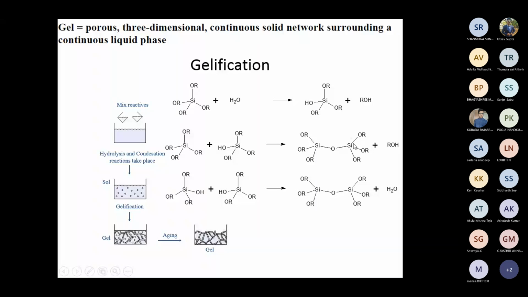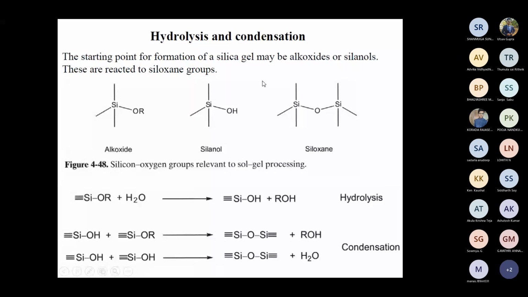You can see that two molecules are connecting, and again SiOH with SiOH will connect. Like this, when several molecules connect, gel formation will occur. So this is the hydrolysis and condensation reaction, which I already discussed: this is hydrolysis and this is condensation.